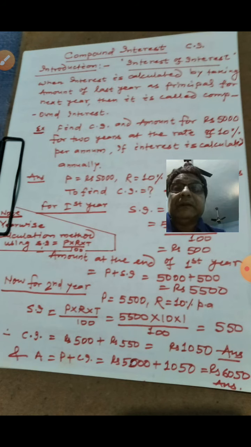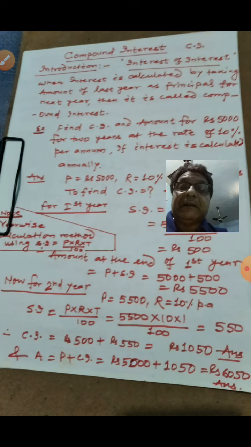Because what happens in this process, for first year, the simple interest which comes is added to the principal, and it is now amount for the first year. So at the end of first year, we have amount. Now for the second year, they use this amount as principal for the calculation of interest for second year.